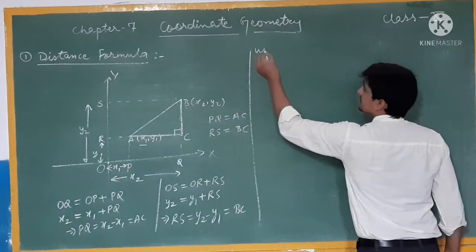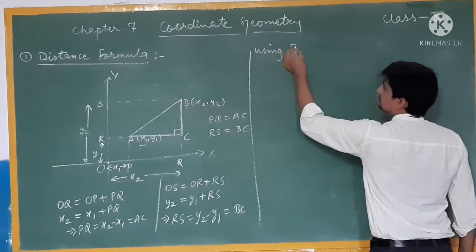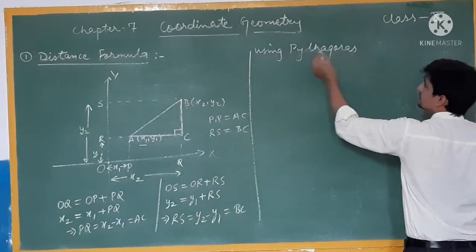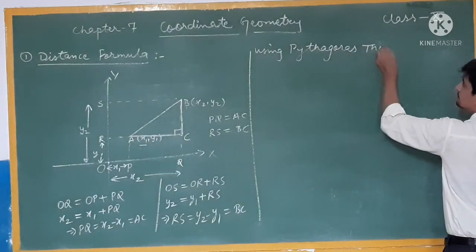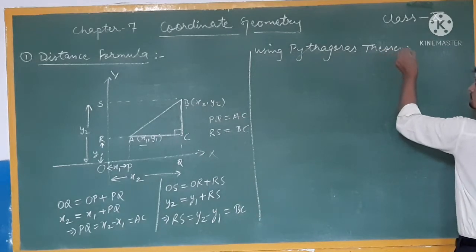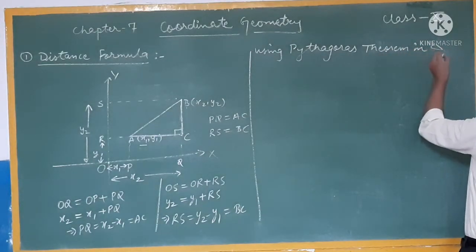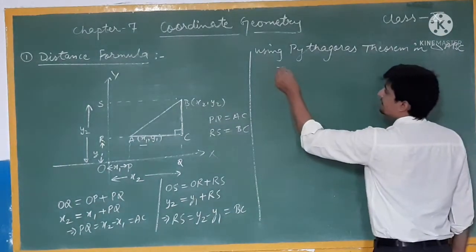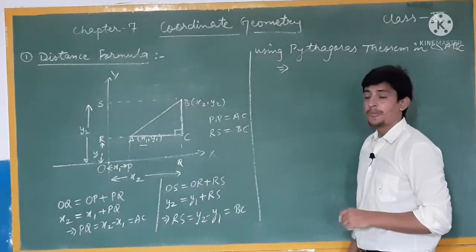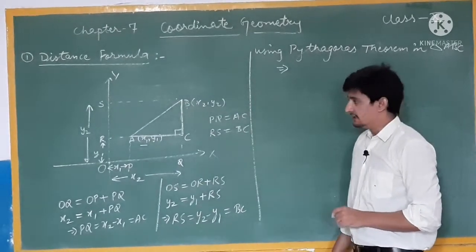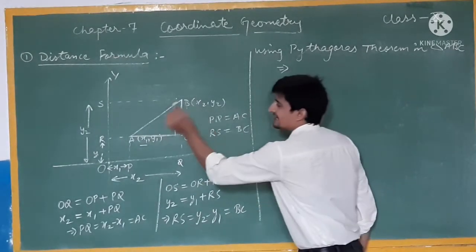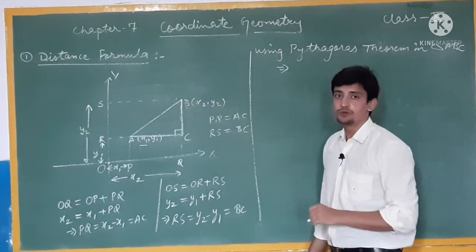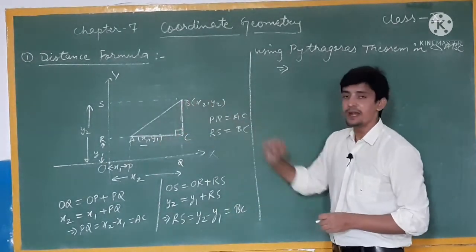Using Pythagoras theorem in triangle ABC. And what is the statement of Pythagoras theorem? Square of the longest side is always equal to the sum of squares of the other two sides, which are the base and perpendicular.